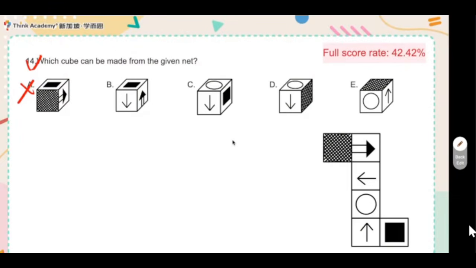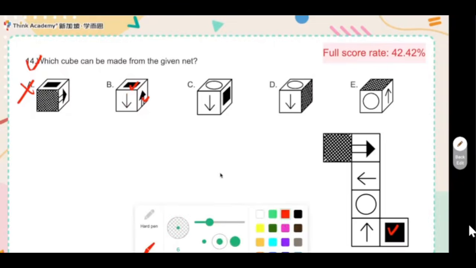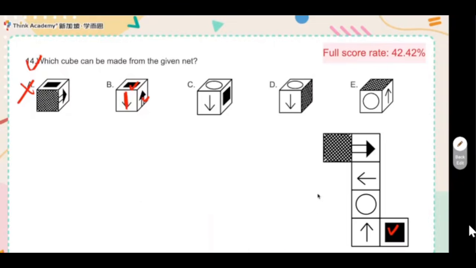Then let's take a look at option B. What are the three faces we are comparing? The square, the arrow. But do we know which arrow? Right now we don't know, but according to the direction, the arrow is pointing to the other side of the square.